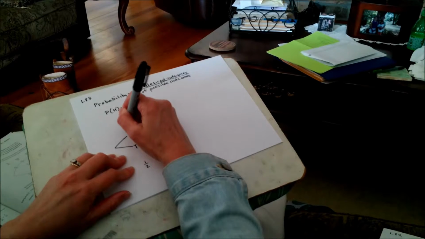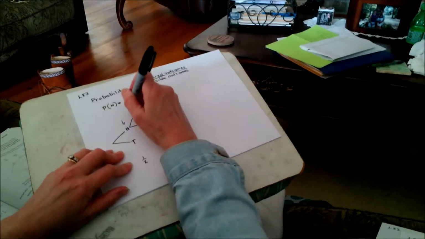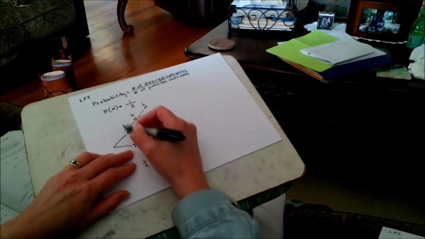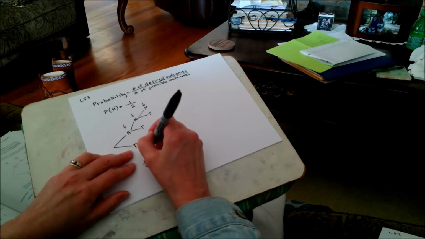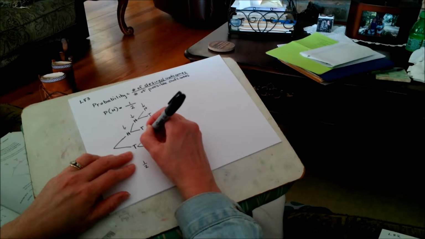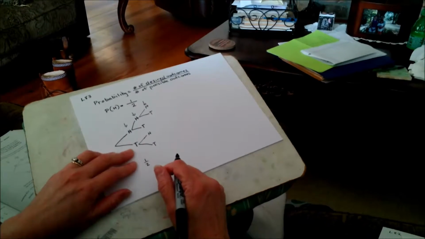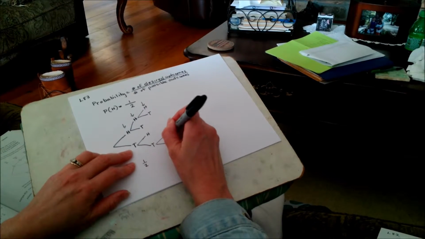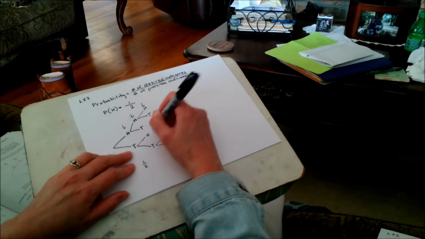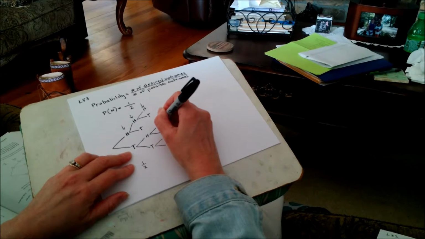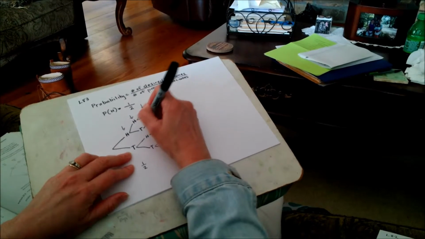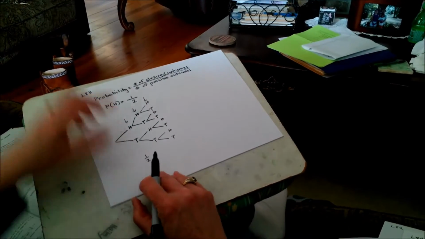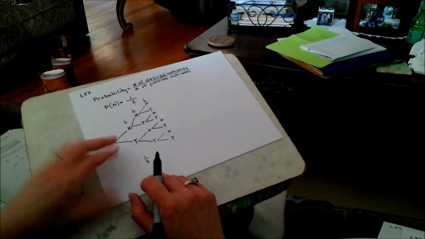So this is my first flip, this is my second, this is my third. If on the first one it lands on tails and then I flip it a second time, it's going to land on heads or tails. And then the third time, it's going to land on heads or tails. So you can see from my chart here, every time I flip it, it's going to be heads or tails.